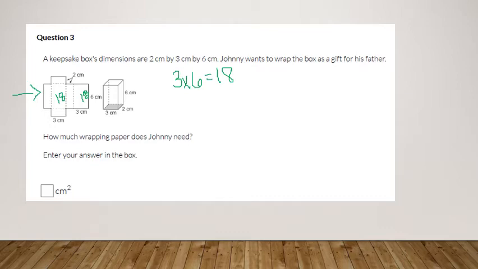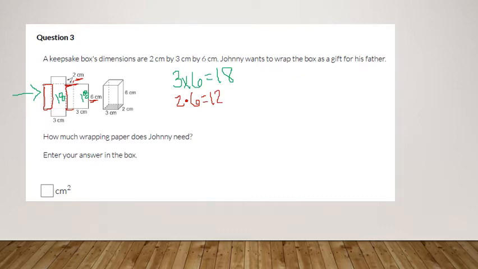I'm going to take the boxes away just so it's a little easier to look at. Now I'm going to look at this box and this box. If you notice, the top is 2 and the side is 6 centimeters tall. So these are 2 by 6, which is 12.